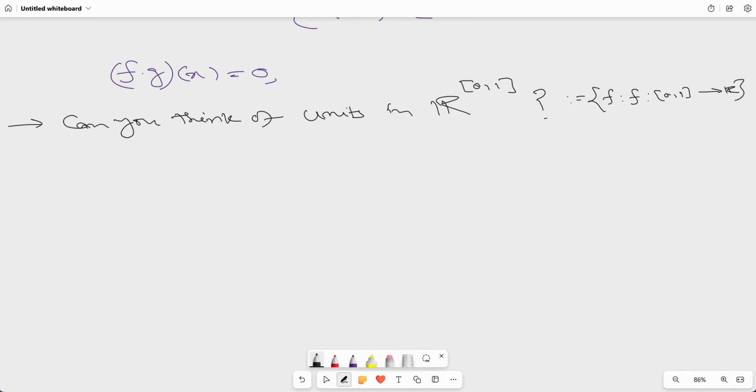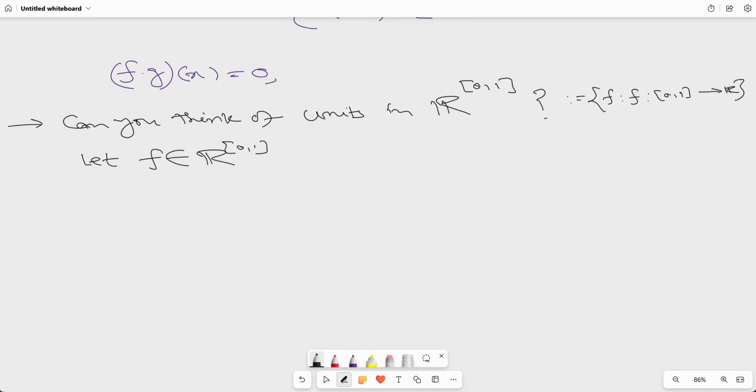So for unit, let f be any function, an arbitrary function from 0 comma 1. For unit, what you should first get is the unity.